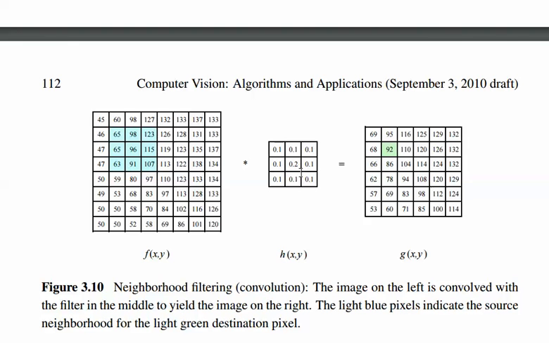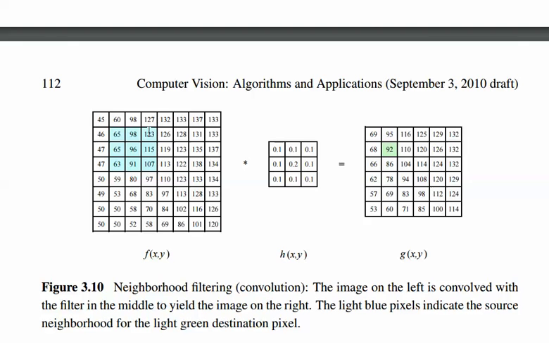So how does the convolution work? When we place this on top of the pixels, 0.2 goes on top of 96, and the other 0.1s go on top of 65, 98, 123.